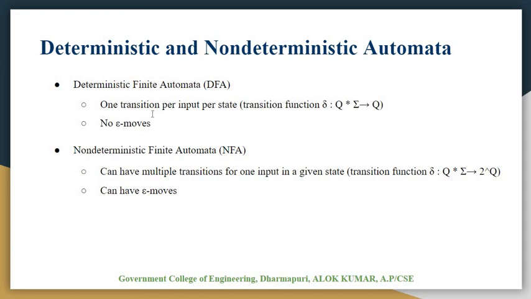While in a non-deterministic finite automaton, or NFA, there can be multiple transitions for one input in a given state, so from one state using one input alphabet we can go to more states, and it can have empty moves. So these are the basic differences between DFA and NFA.